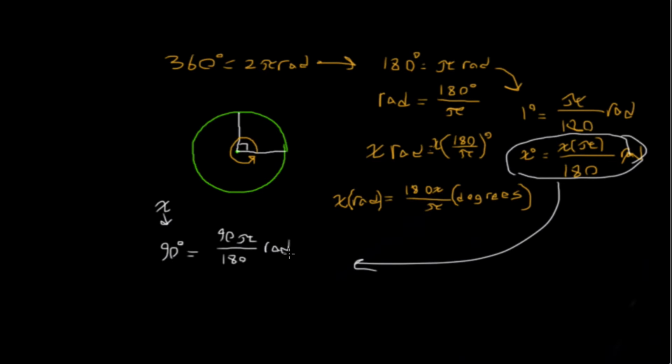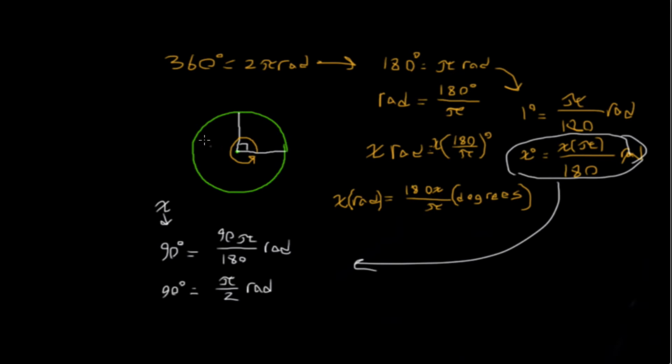And this is immediately obvious, right? 90 degrees is equal to pi over 2 radians. If 2 pi radians is the full circle, and 90 degrees is a fourth of that, and henceforth the arc length, then, yeah, that makes perfect sense.